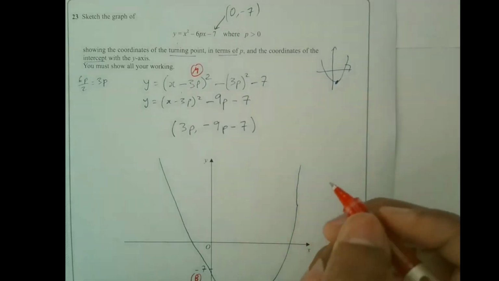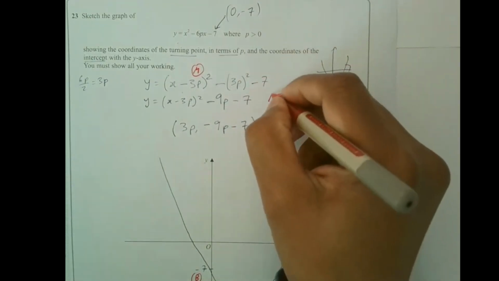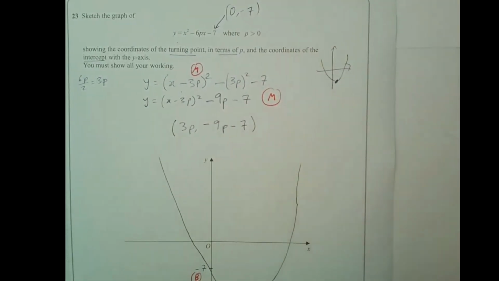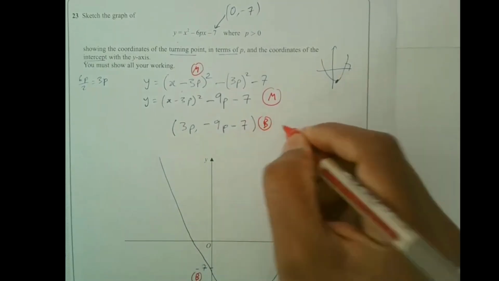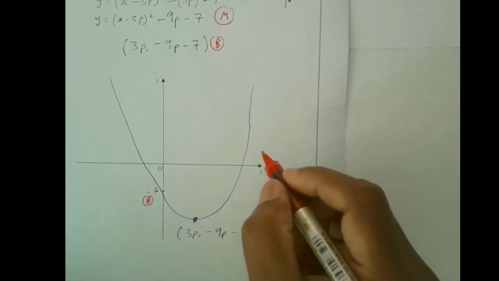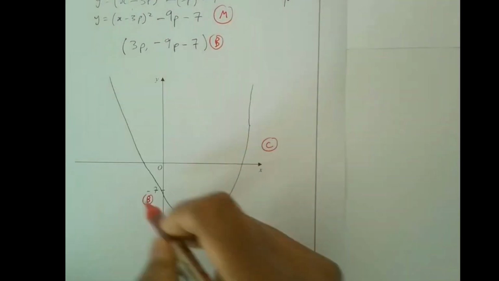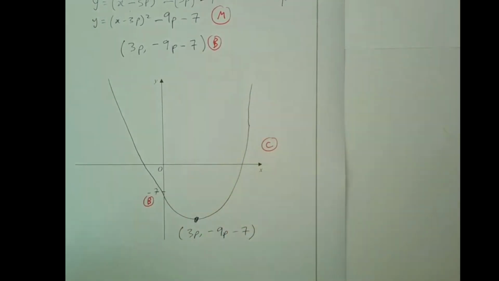The third mark is for following through, completing the square. The fourth mark is for finding the turning point. And the last mark is on our diagram, where we are labeling everything: my y axis and my turning point.